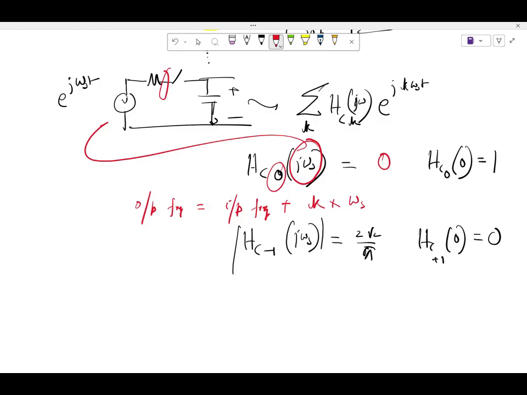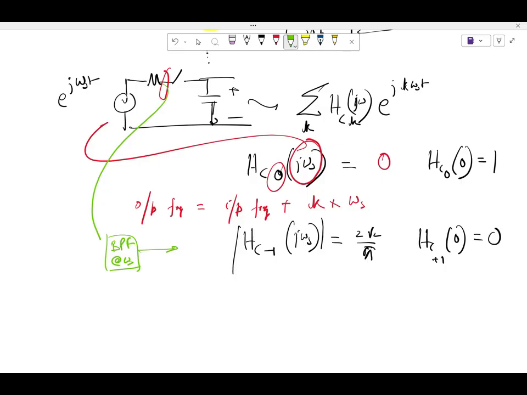So in other words, if you apply input at omega s and you only observe the output at omega s, and let's say I make another modification and put a bandpass filter at omega s, right?